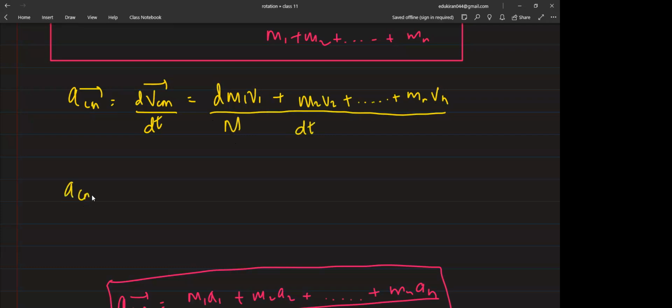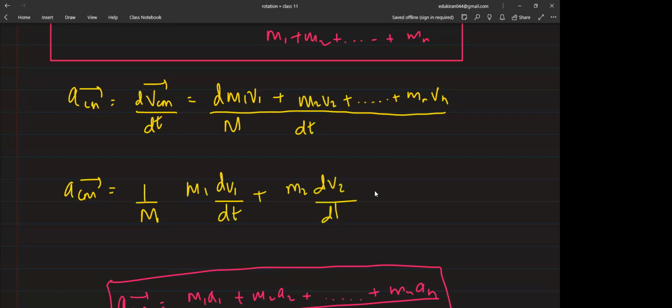So here also we'll take out the constant term, that is 1 by m. For every term we have m1, then dv1 over dt will be left, plus again m2, dv2 over dt will be left. Likewise, we'll take mn out, so dvn over dt will be left. Now here again the same.